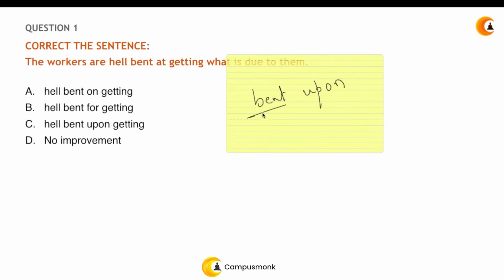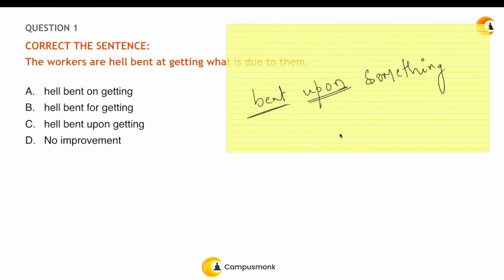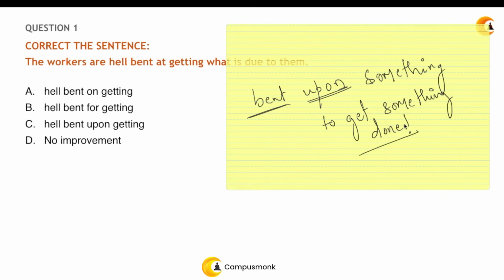You're always bent upon something, to get something done, right? So always the word bent is followed by the word upon. They come in together, hand in hand. Okay, it cannot be just bent at, it is bent upon.